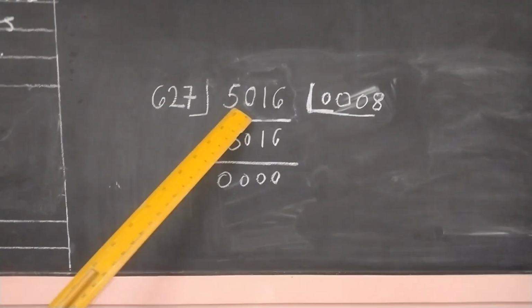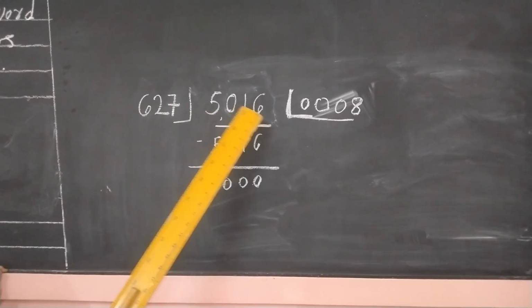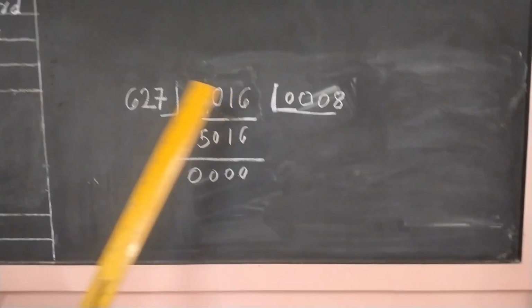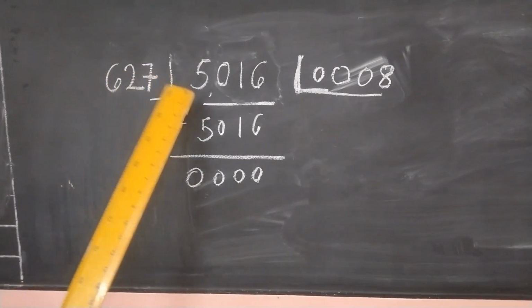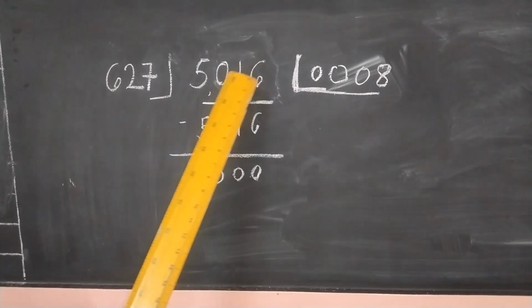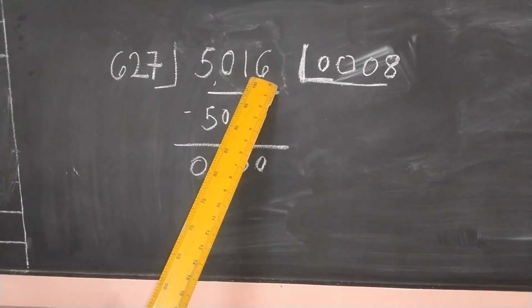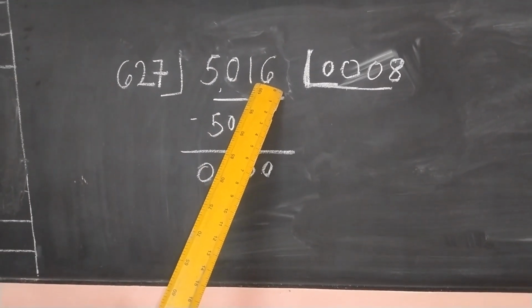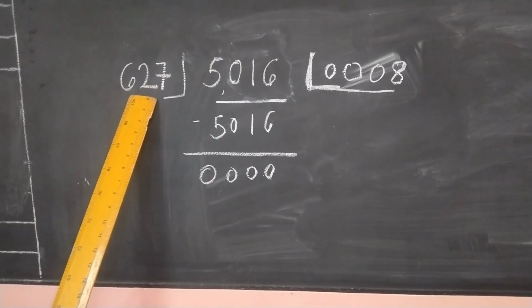Between 5016 and 627, 5016 being a 4-digit number and 627 being a 3-digit number, 5016 is a bigger number, and hence it goes in the center because we are going to do the division, and 627 comes here.